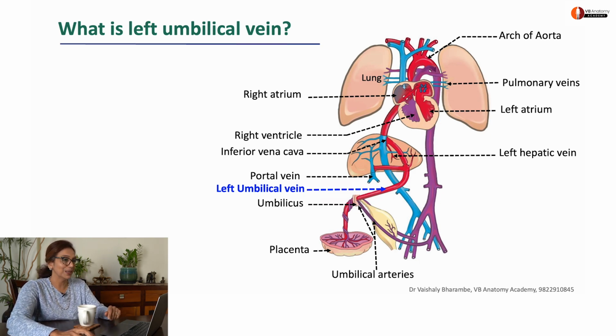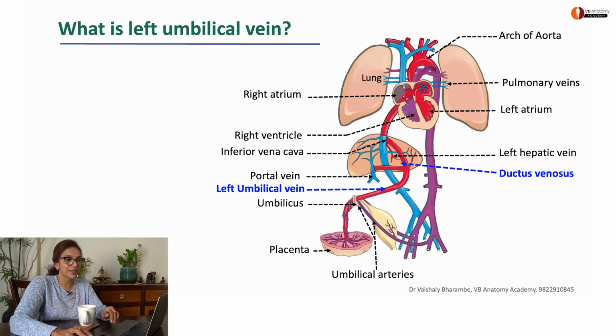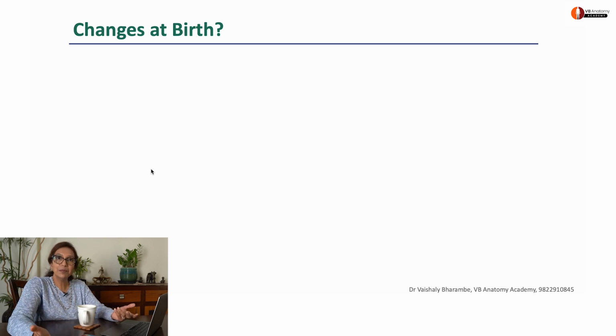This is before birth. So from the placenta, blood is coming through the umbilicus, through left umbilical vein till it reaches the liver, where it continues in the form of ductus venosus. So ductus venosus is a venous tube which is helping to drain this blood directly into inferior vena cava, somewhat bypassing the liver. So what happens at birth?